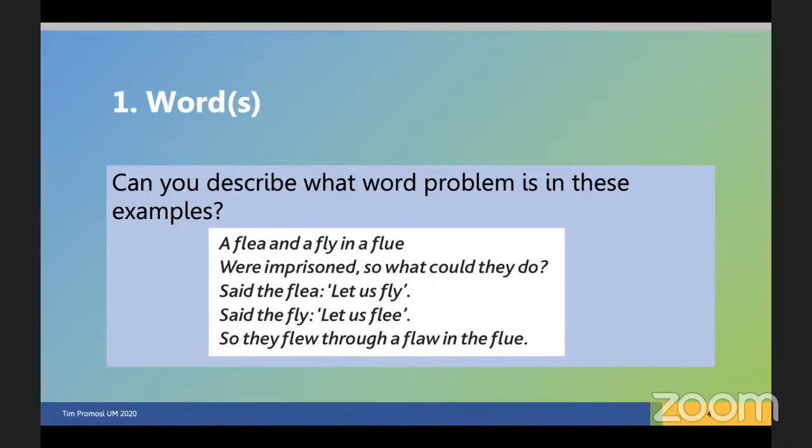A flea and a fly in a flue were imprisoned. So what could they do? Said the flea, let us fly. Said the fly, let us flee. So they flew through a flaw in the flue. You can pause the video and try to think and then find out the answers in the next slide.